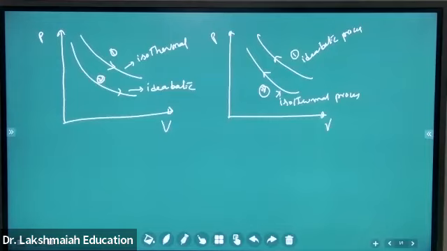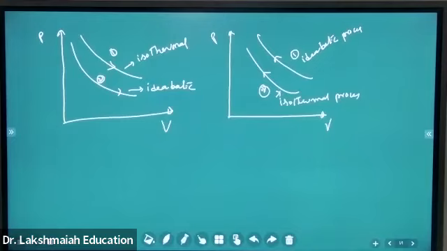and it does 20 joules of work. The system is brought back to its original state through a process during which 20 joules of heat is released by the gas.